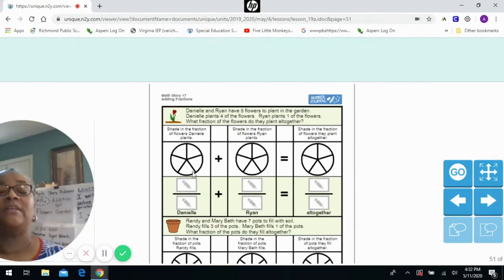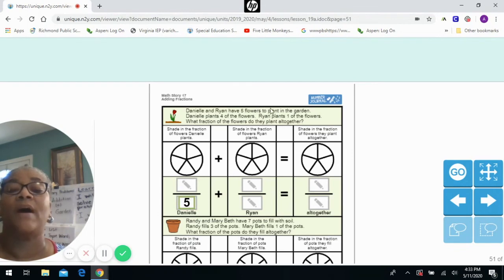All right, let's find out, okay? So, remember, before we start coloring and filling in, let's count how many parts we're working with. 1, 2, 3, 4, 5. So we're working with 5. Okay, let's put the 5 there. Danielle and Ryan have 5 flowers altogether.